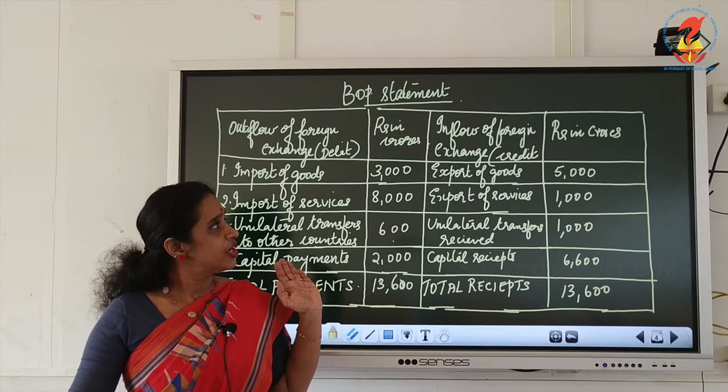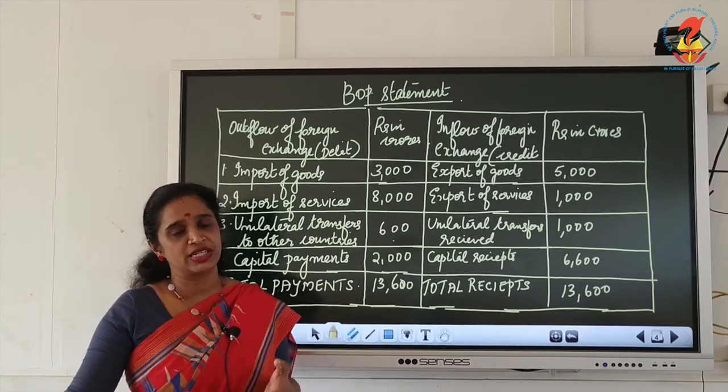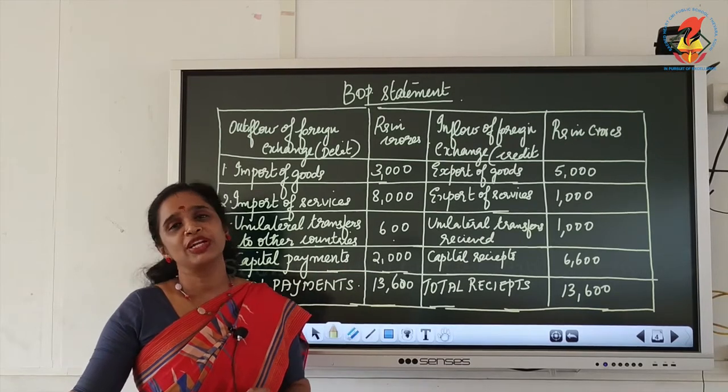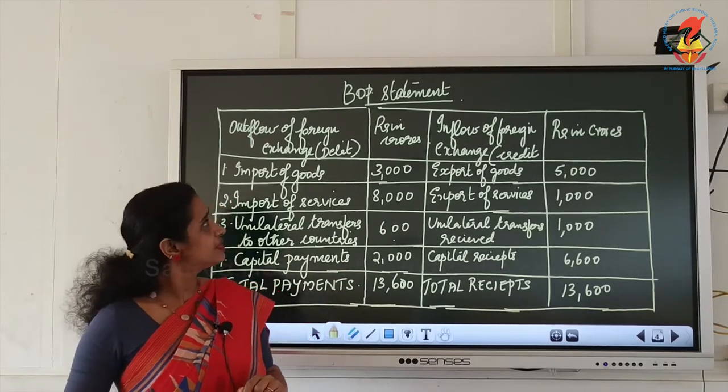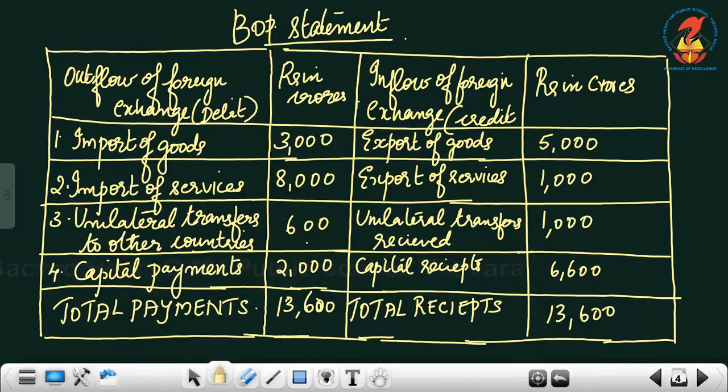Now, in order to make a proper understanding of BOP in accounting and operational sense, I have given a table for you. Let us look at the table. In the table, I have drawn 4 columns where I have represented the debit side, its amount, the credit side and the amount for the same.